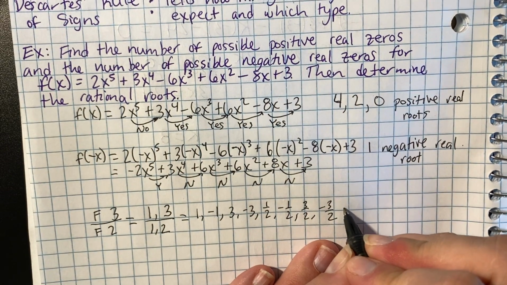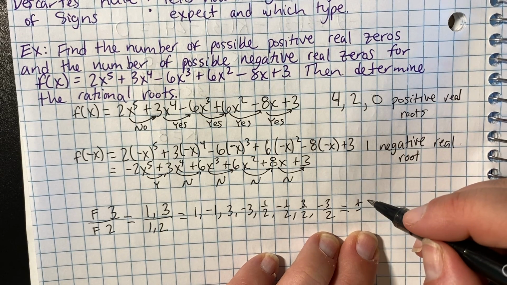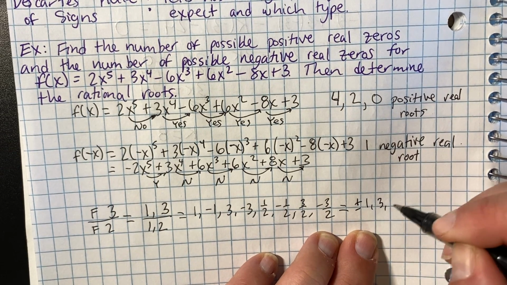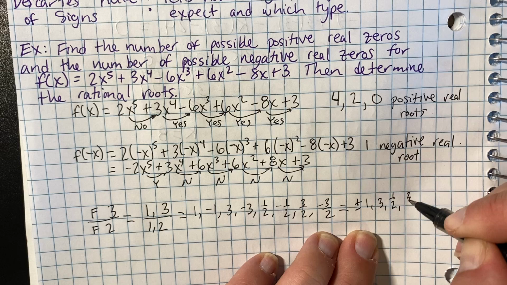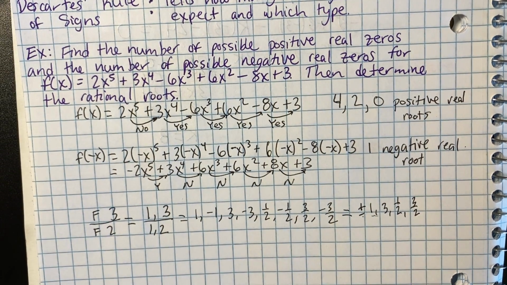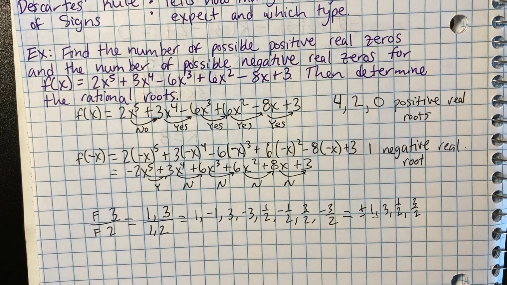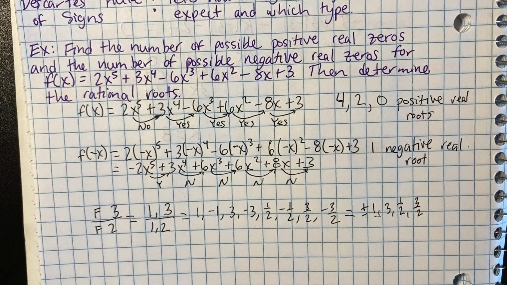Another way you could write it, which I'm okay with, I just didn't want to confuse you, is you could write plus or minus 1, 3, 1/2, 3/2. So that means the positive and the negative of all these are possible options. So now what we're going to do is plug some numbers in.